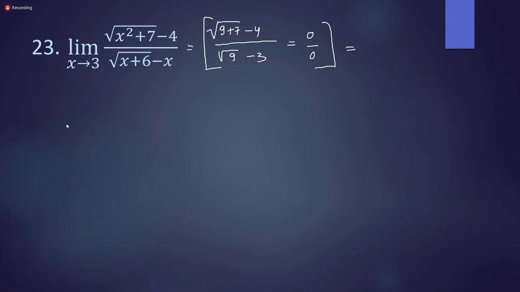We multiply and we divide by the conjugate sum. So limit when x tends to 3, square root of x squared plus 7 minus 4, over square root of x plus 6 minus 6. Don't forget parentheses.